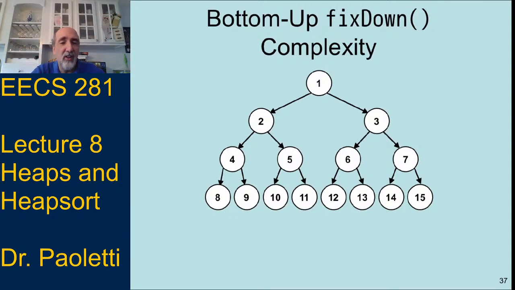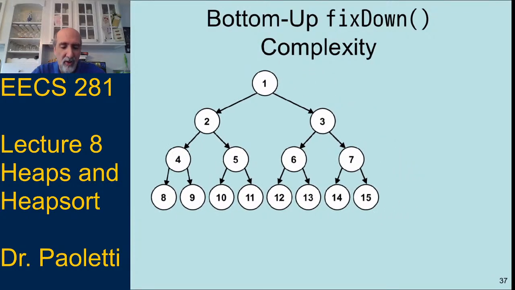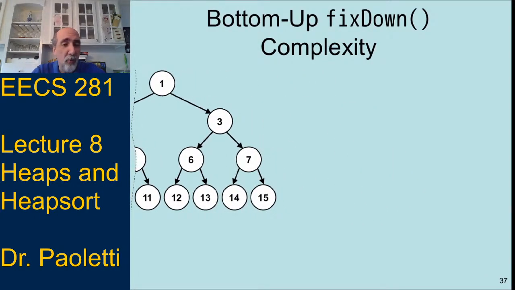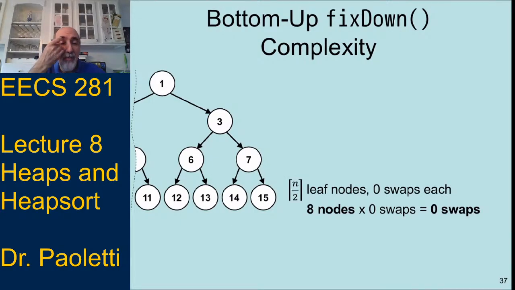There are 15 nodes, approximately n over 2 of the nodes are children. I said that earlier. So about half the nodes are children. They need 0 swaps to get them into the right place. How many nodes are above the children? Well, if there are 8 child nodes, there had to be 4 parents of them.